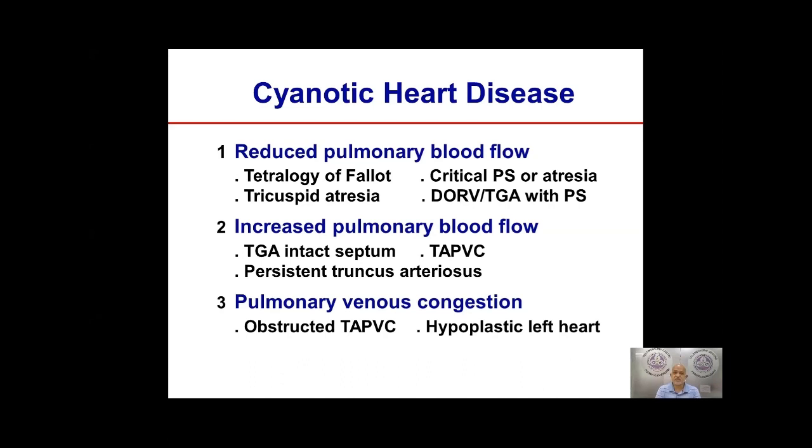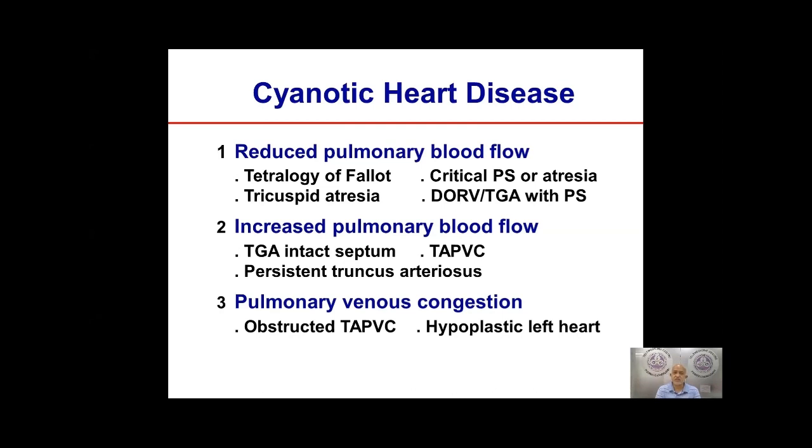TGA and TAPVC are urgencies. If you see, say, a 2 weeks old child with cyanosis and CCF, and he has gross failure, one is very worried, and we simply cannot wait. It is likely that we are dealing with either TGA with VSD or TAPVC with some significant problem, and this child needs urgent attention.